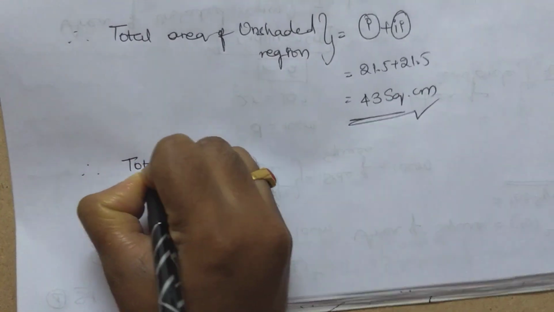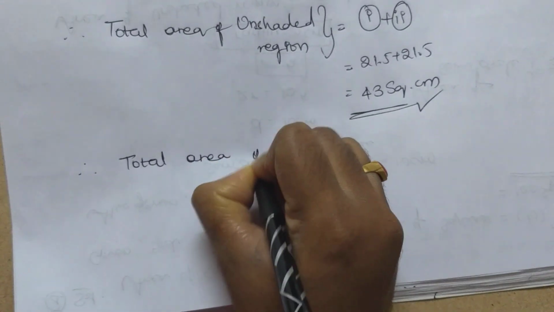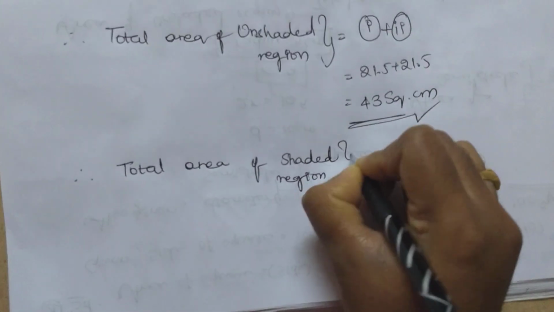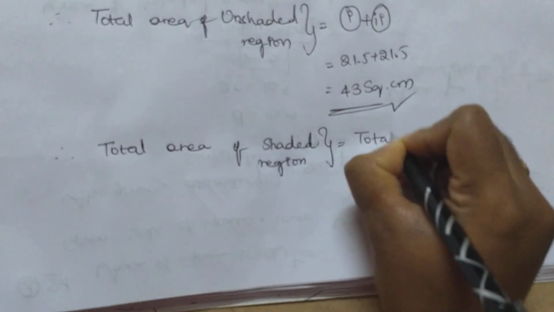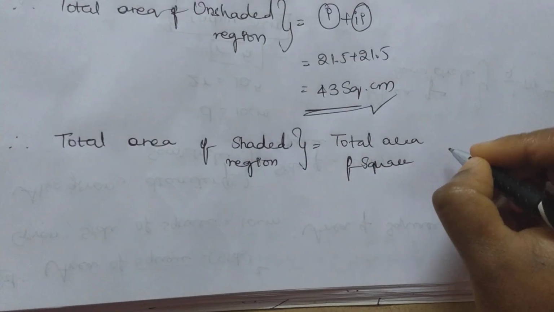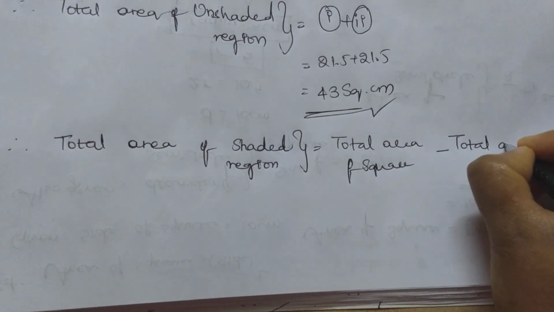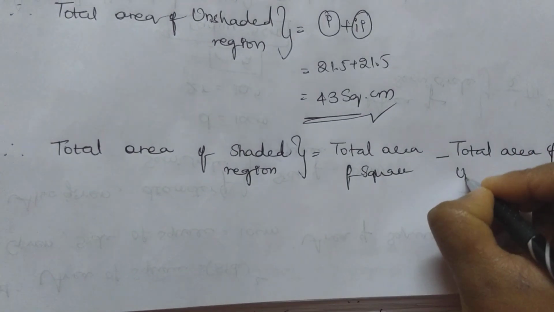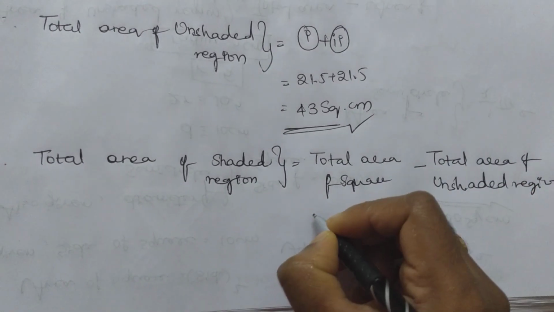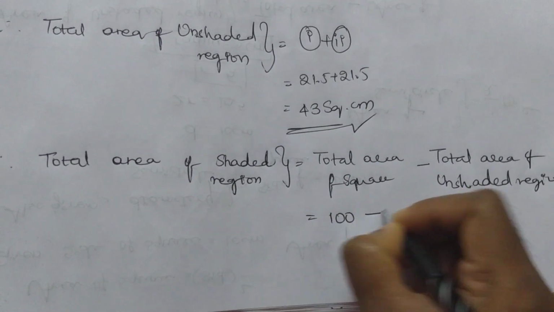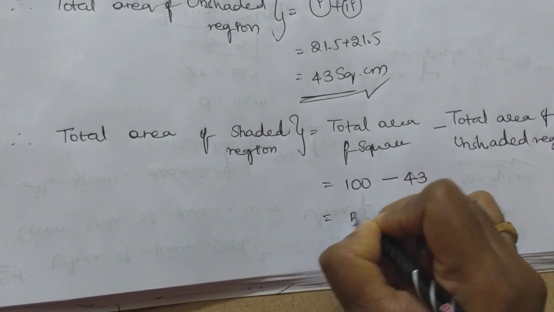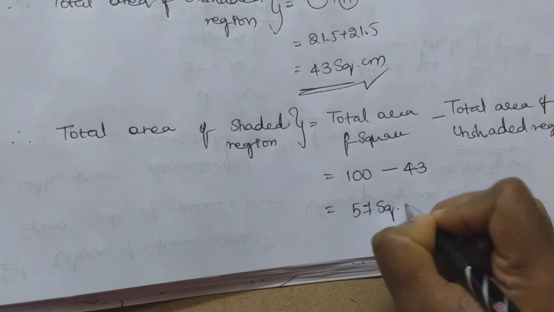Therefore, total area of shaded region equals to total area of square minus total area of unshaded region. Okay, what is total area of square? We found it as 100 minus total area of unshaded region, it is 43. 100 minus 43, what does it become? It becomes 57 square centimeters.